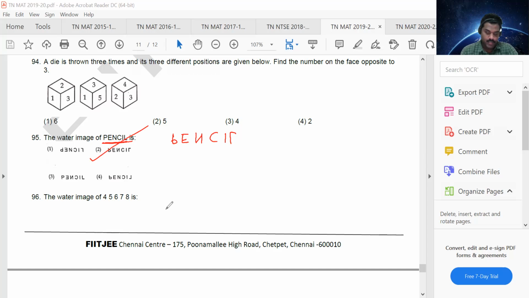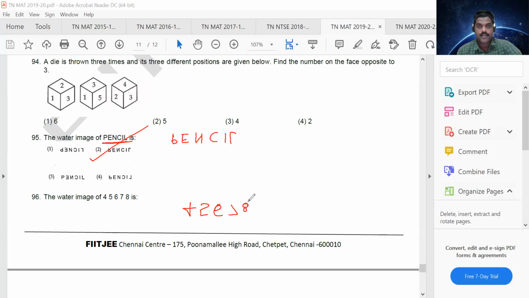Then moving on to the water image of this thing. So 4, 5, 6. Okay, water image, right? So 6 water image would look like this. Right? You are inverting it. 7, and of course the bigger round and smaller, or you can say like anything, no issue, because it is little bigger over here.